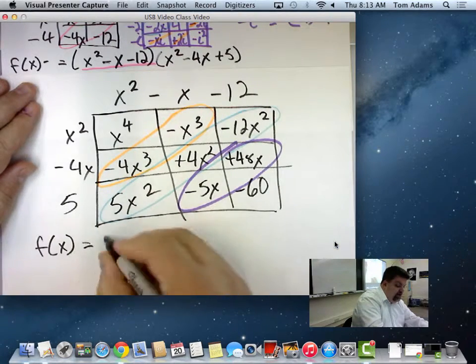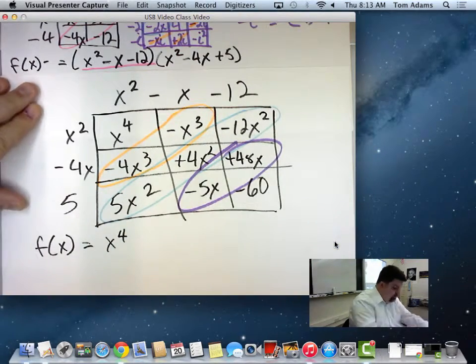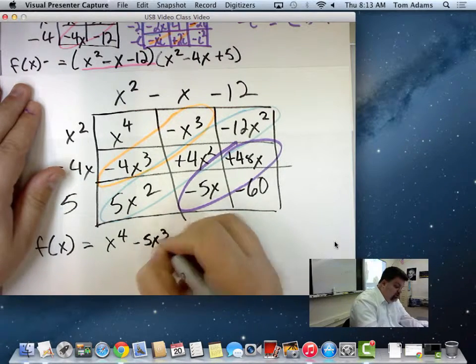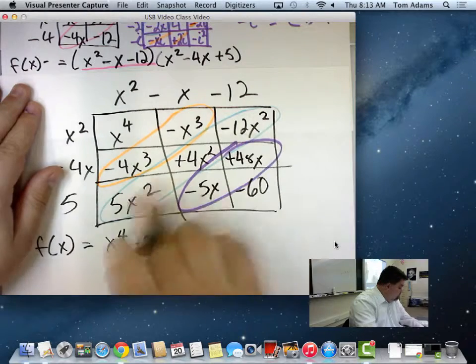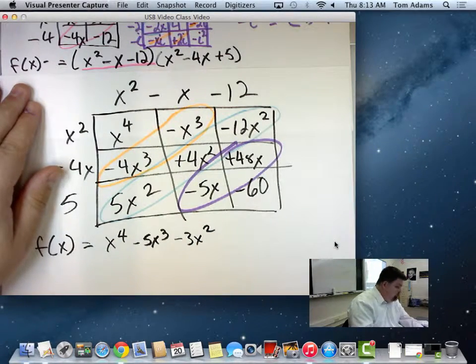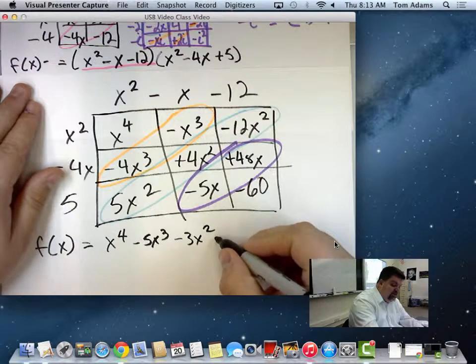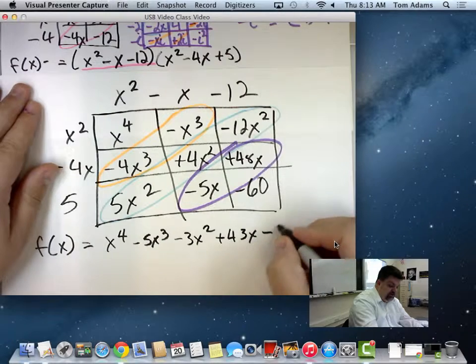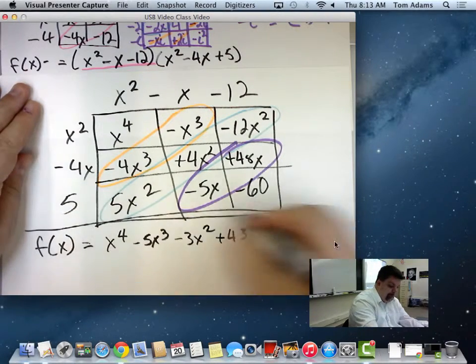It should be equal to x to the 4th minus 5x cubed. Negative 12 plus 9 is minus 3x squared. 48 minus 5 is positive 43x minus 60.